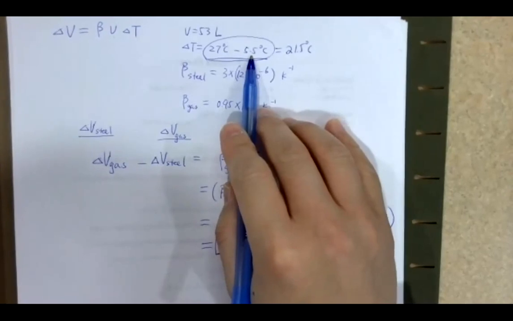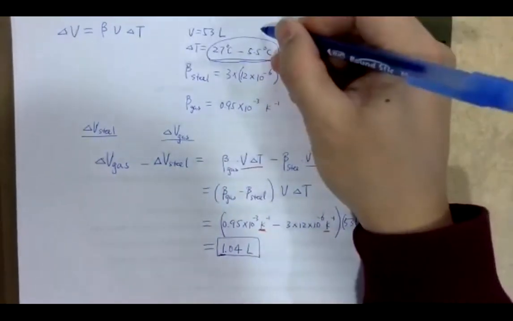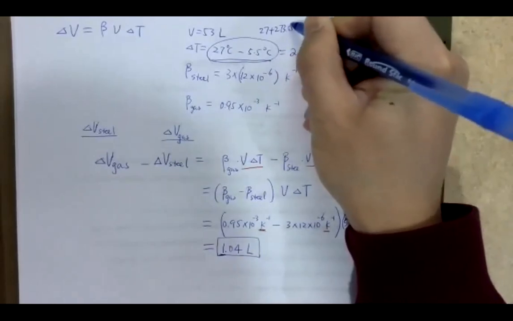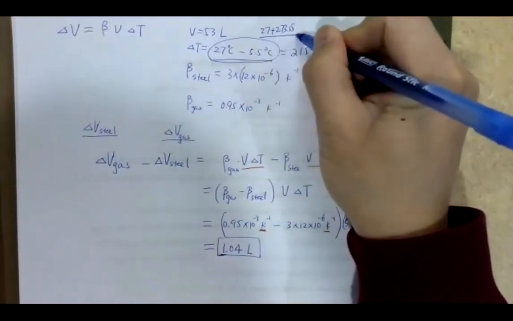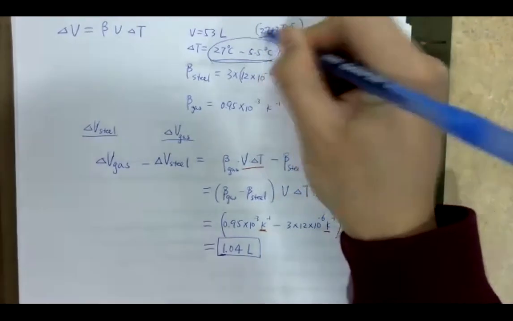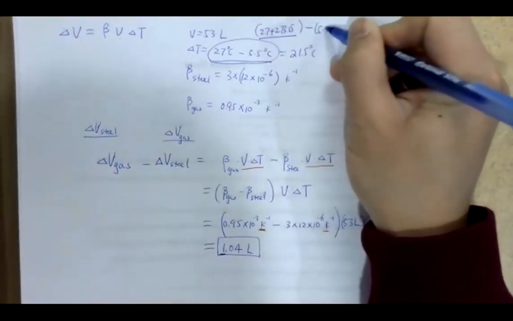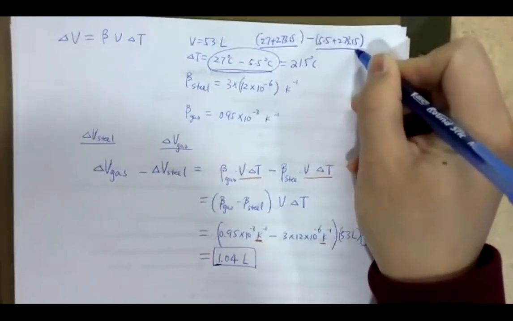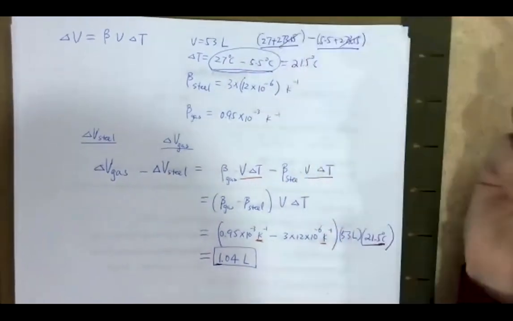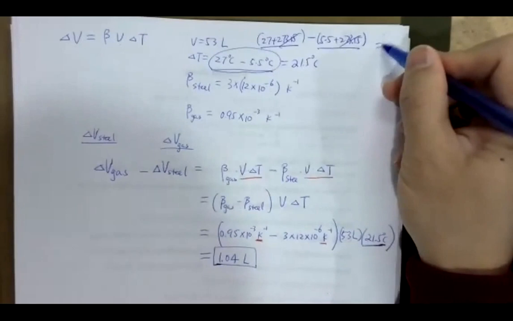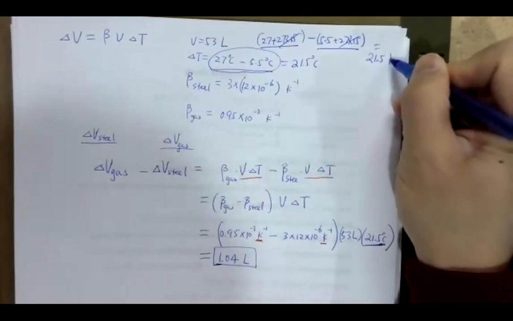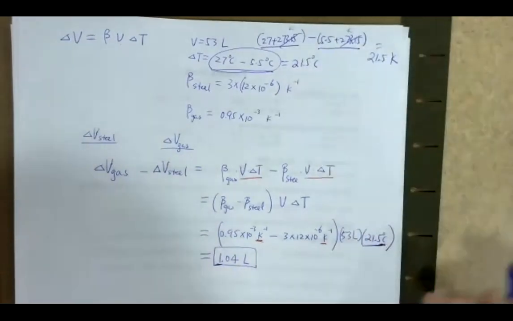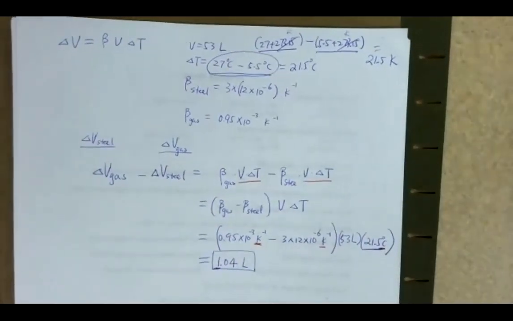So the first one is 27 plus 273.15, that's the temperature in Kelvin, then you subtract 5.5 plus 273.15, that's also in Kelvin. So this and this will cancel out, and that will give you the 21.5 degrees in Kelvin as well.